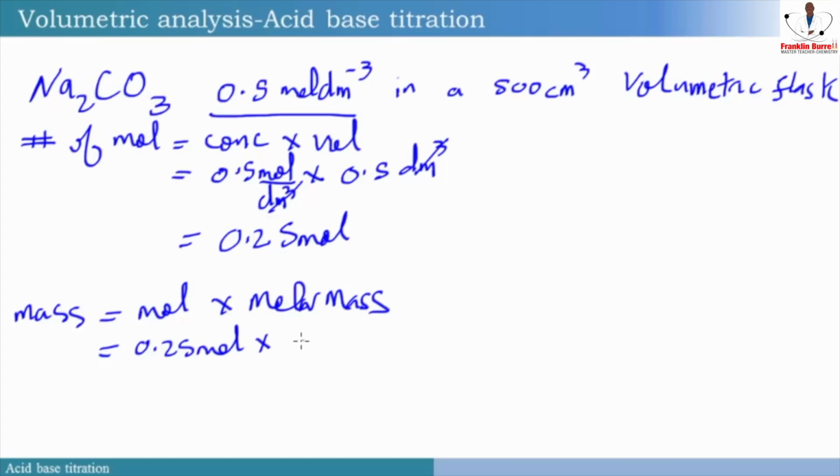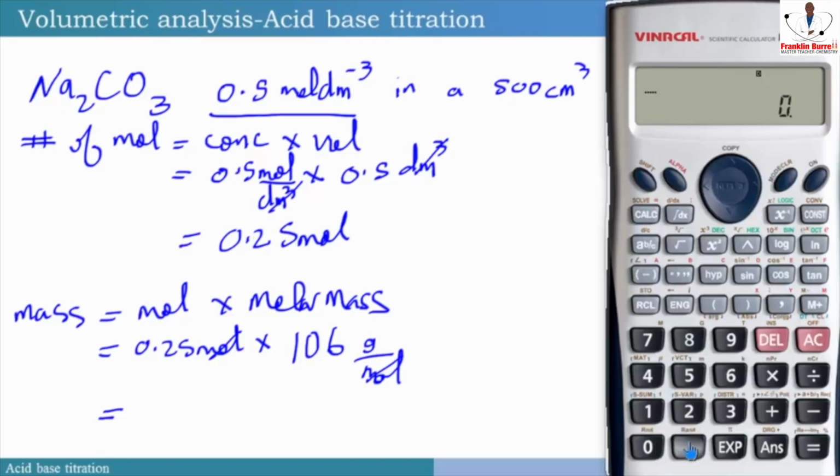That will equal 106 grams per mole. So mole cancels mole. My calculation here now would be 0.25 moles times 106 grams per mole.